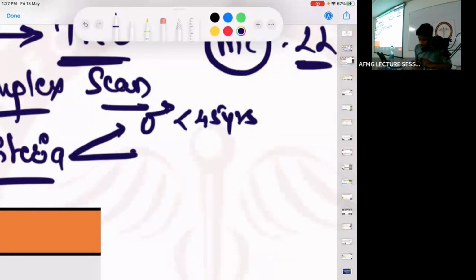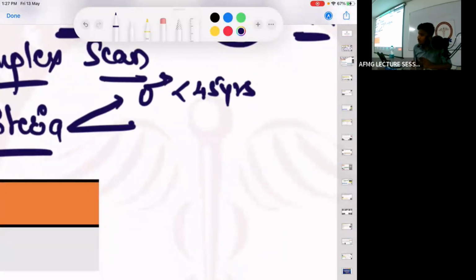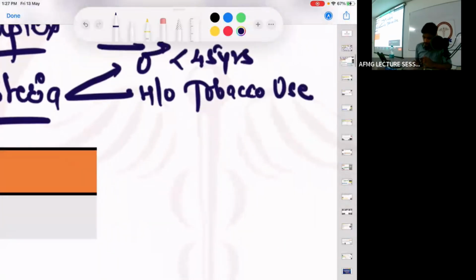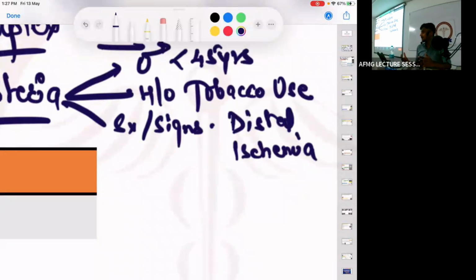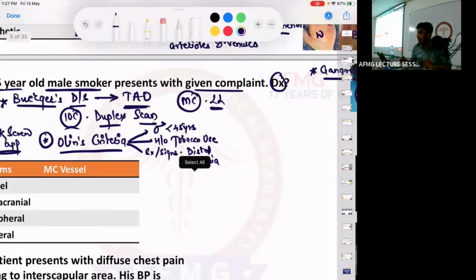Second, there should be a history of smoking or tobacco use. And third, there should be signs and symptoms of distal ischemia. That means feeble pulse usually or intermittent claudication. All of these features should be seen in the patient. Okay? Then you can diagnose it as Buerger disease or thromboangiitis obliterans.